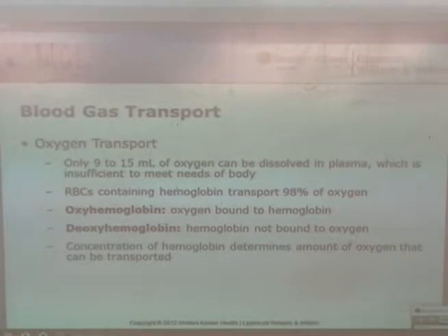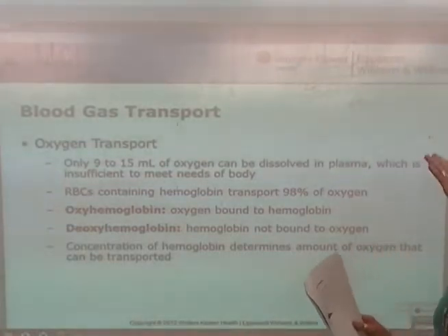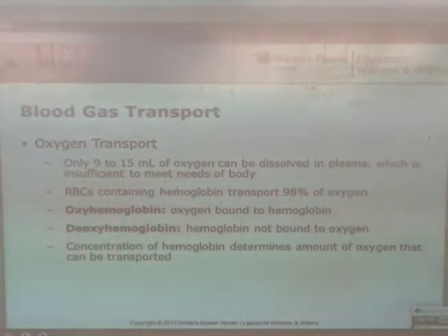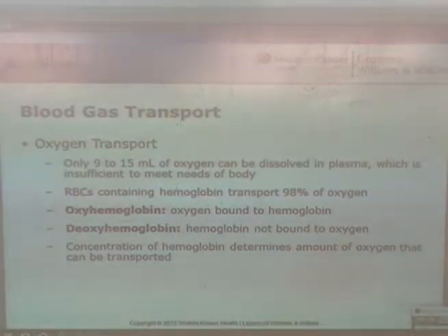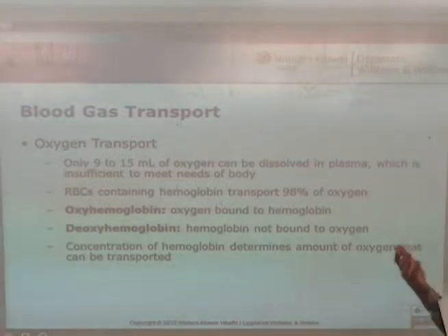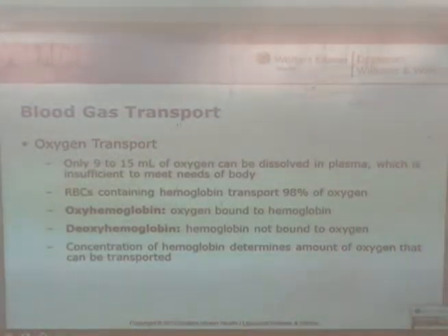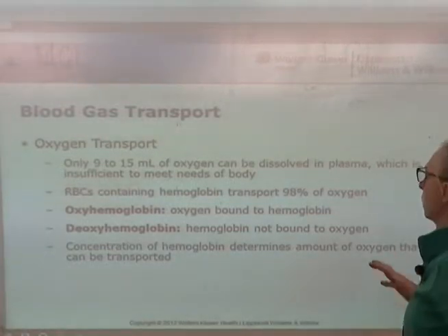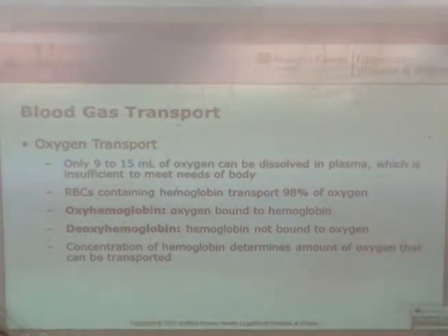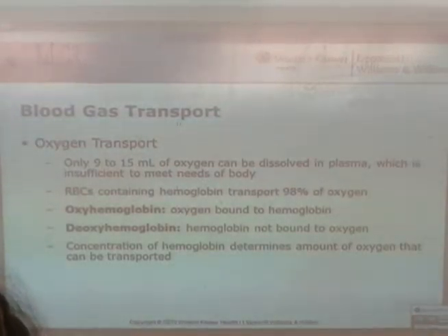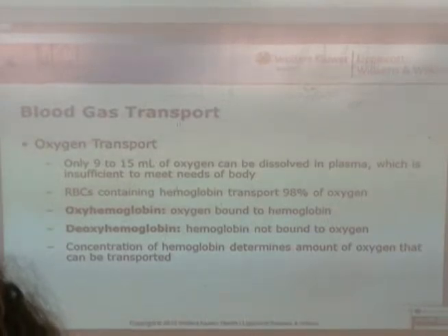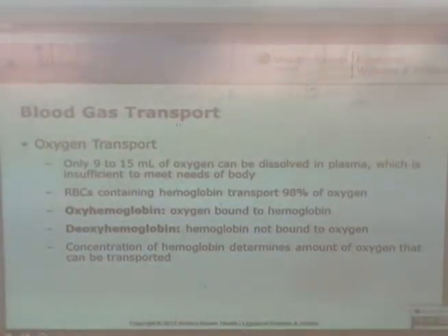All right, so we were looking at pressure gradients on Monday, and how the pressure differential, high to low, aids the movement of gases, oxygen on the way in, carbon dioxide on the way out. So now we've got the oxygen out of the alveoli and into the bloodstream, how is it moving around?